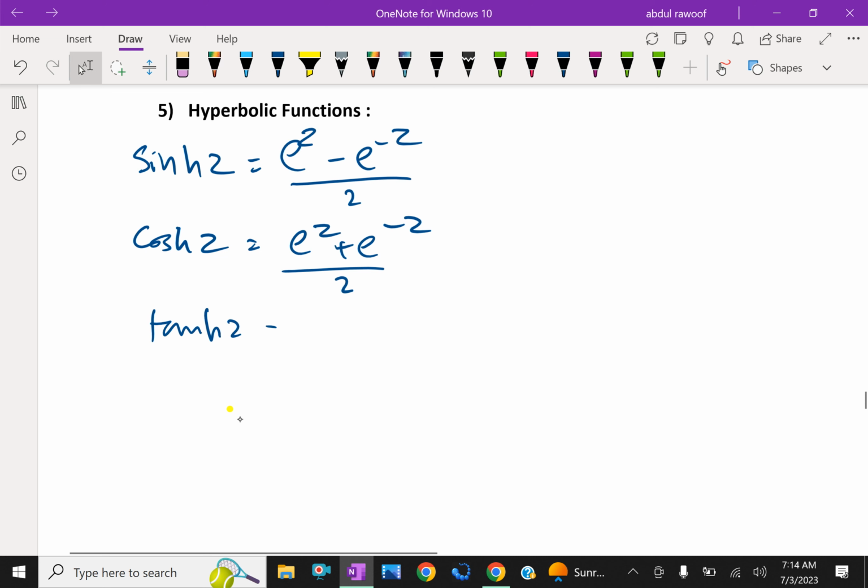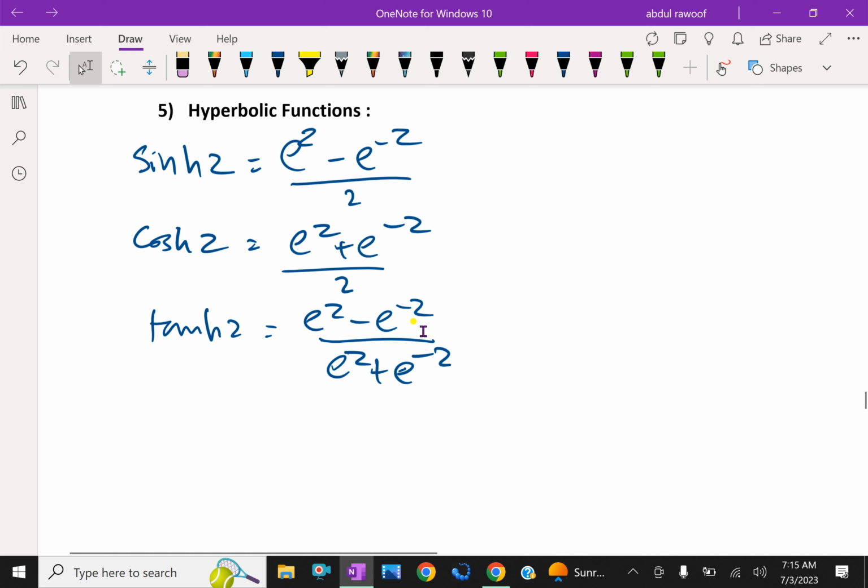Tan hz equal sin hz over cos hz, that is e power z minus e power minus z over e power z plus e power minus z.